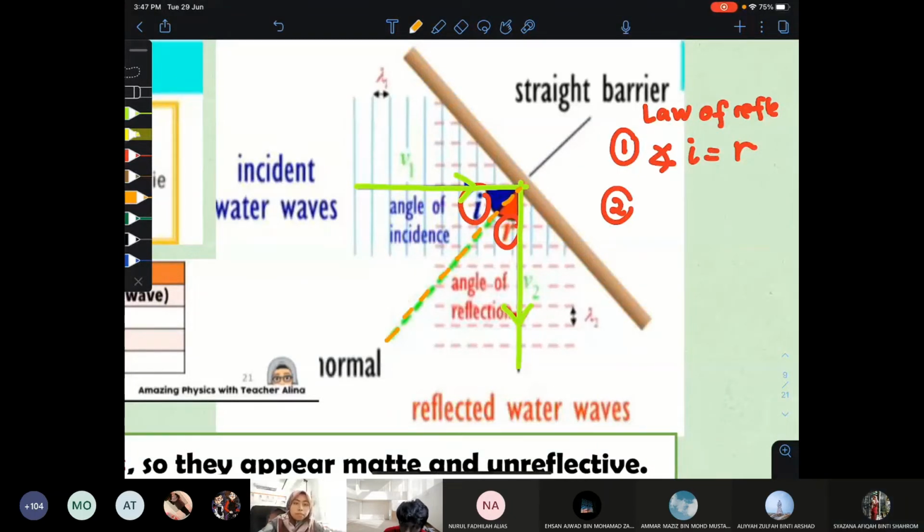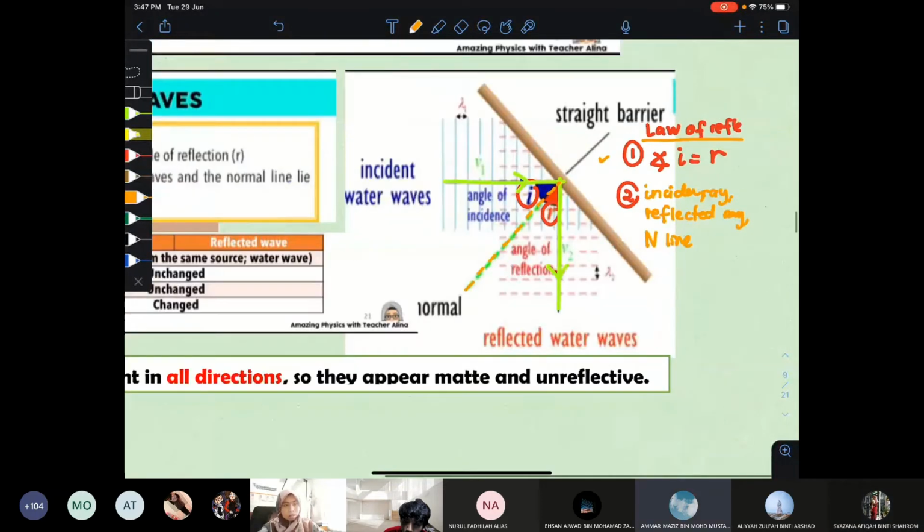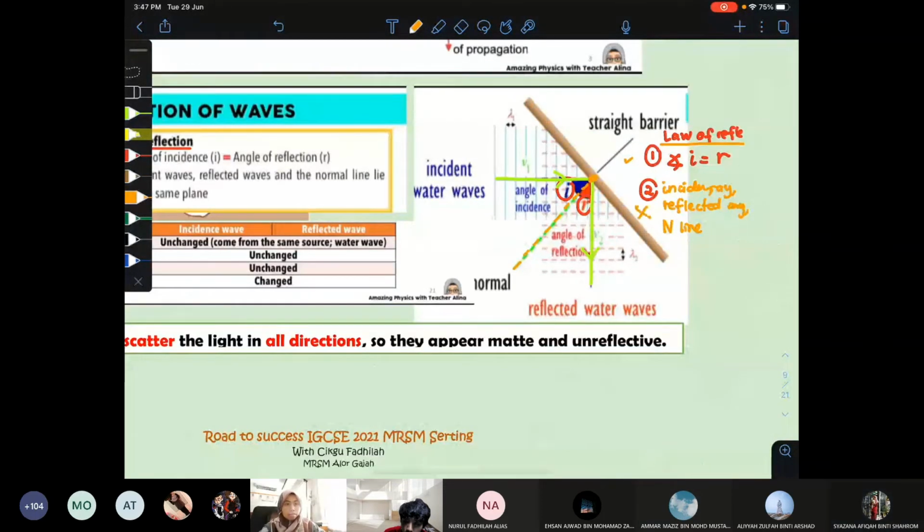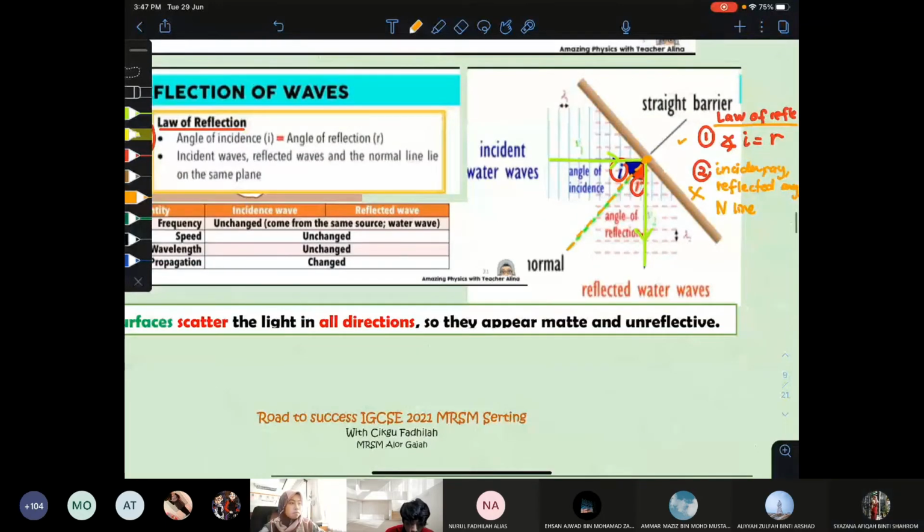So the second statement of the law: the incident ray, the reflected ray and the normal line lie on the same plane. You often forget this one. But no need to memorise it either. Look at the picture and see what you see.